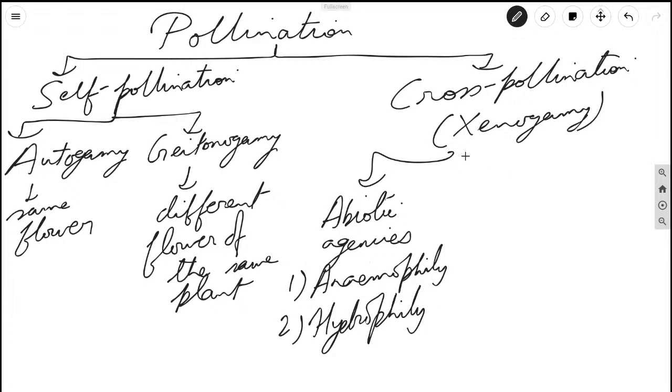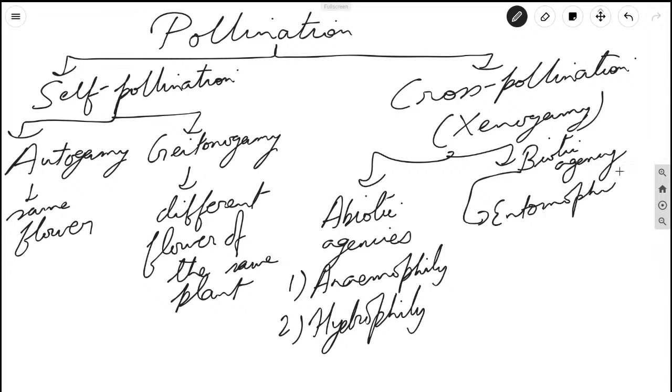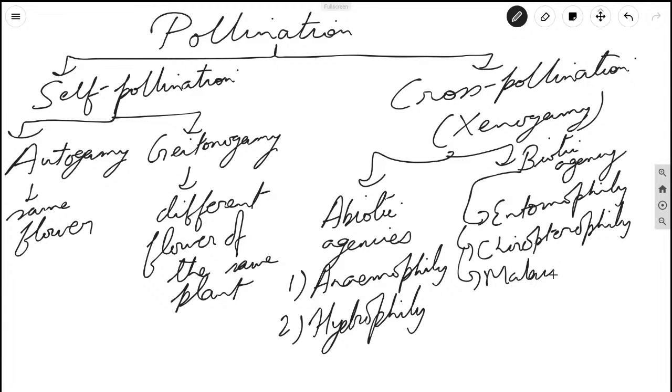Under biotic agency, what you have is entomophily. Okay. We have chiropterophily. Okay. We have malacophily. We also have ornithophily.